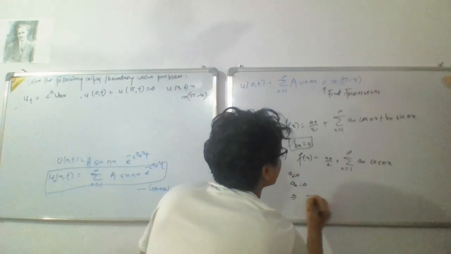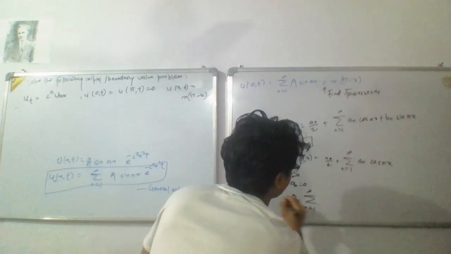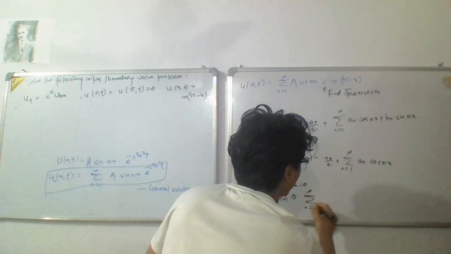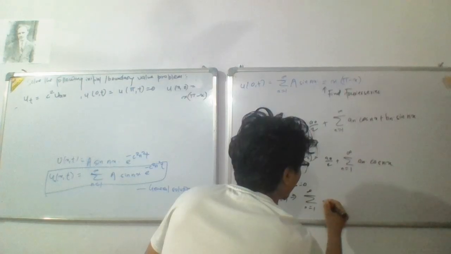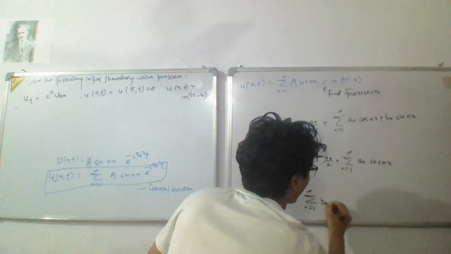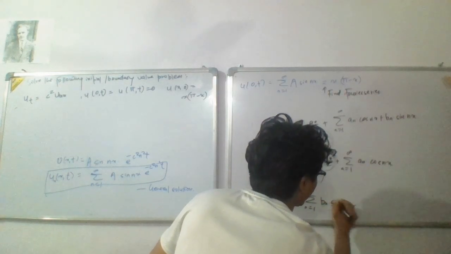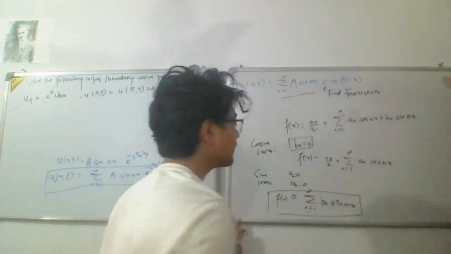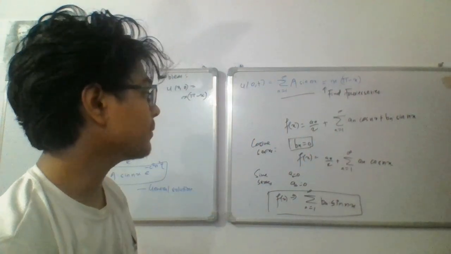That gives us just the sine term, bn sine of nx, right? Now if you see this one and this one, these two look very similar, right?